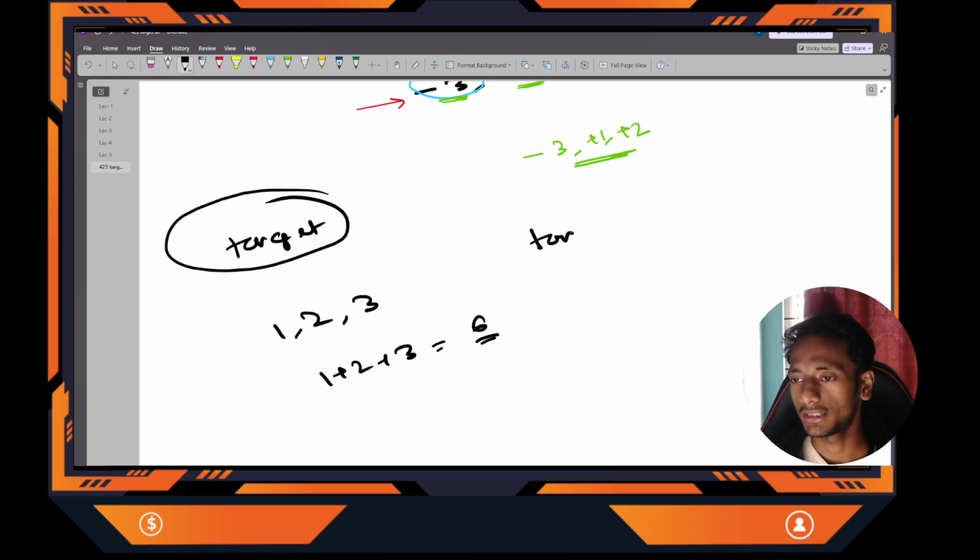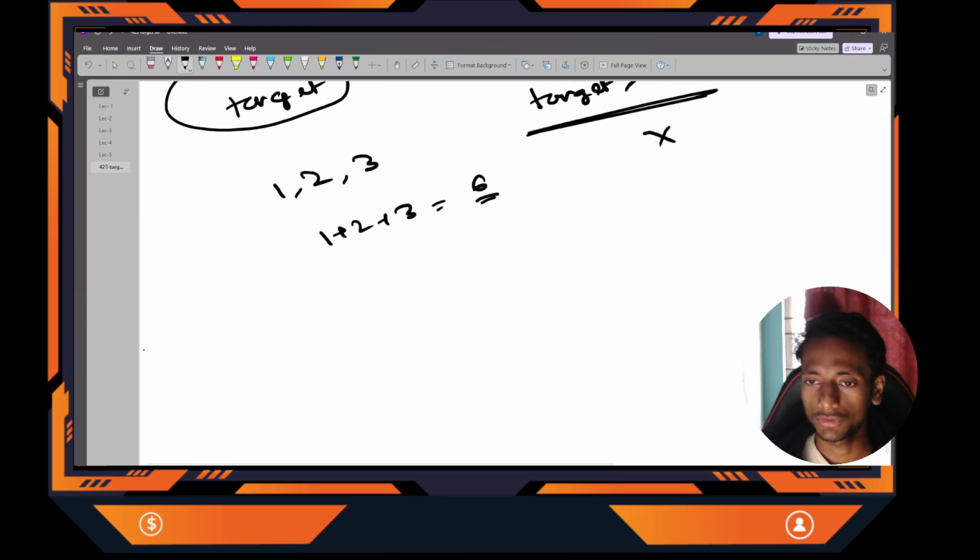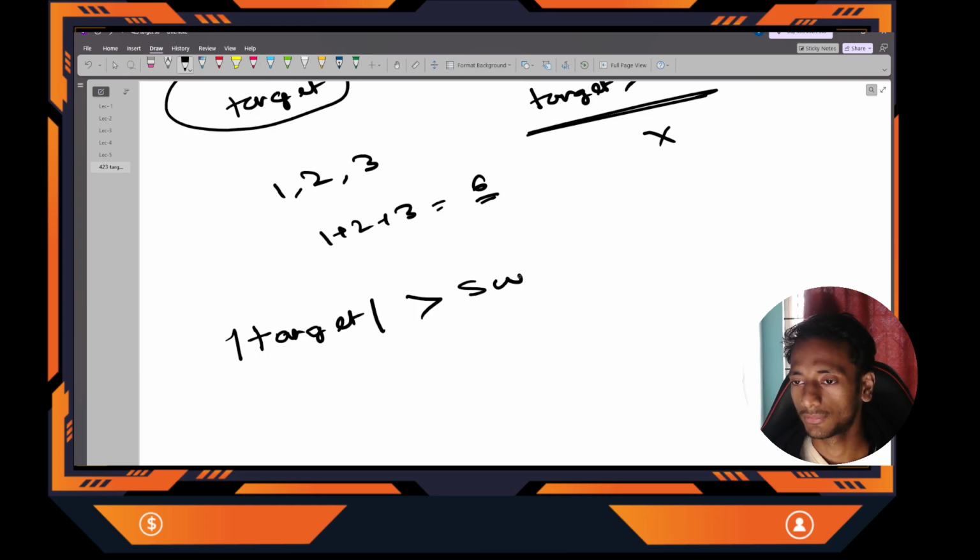If our target is greater than that sum, is it possible to have any array? Not possible. The target can also be negative, like minus 6. So if I choose the absolute value of the target and it is greater than the sum, then there is no answer.